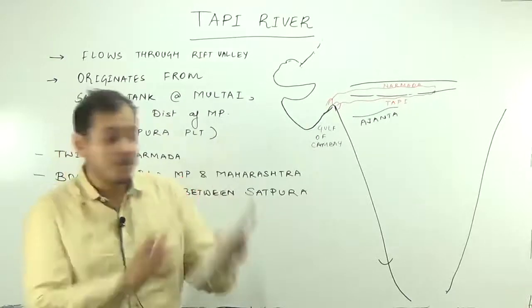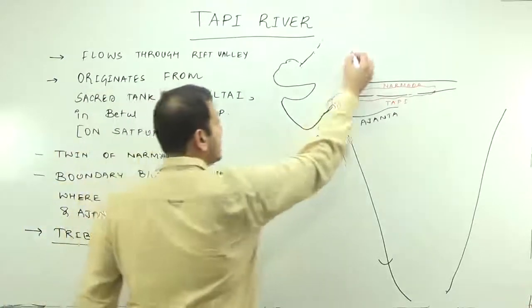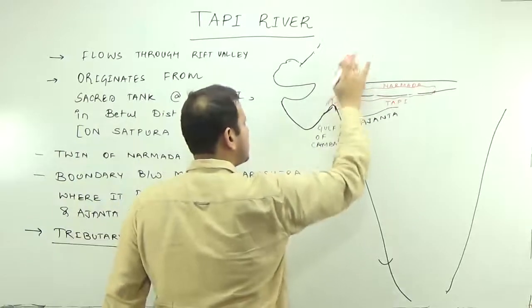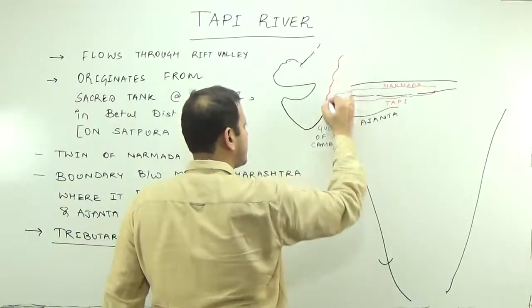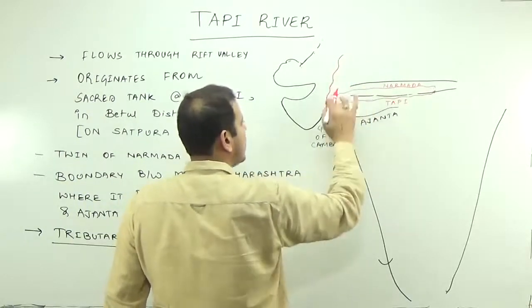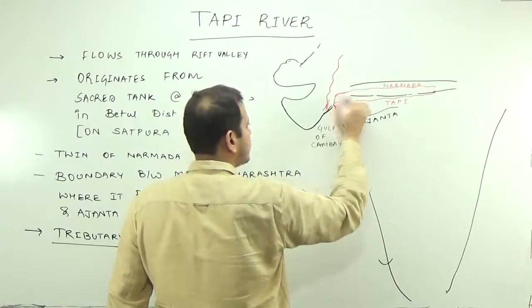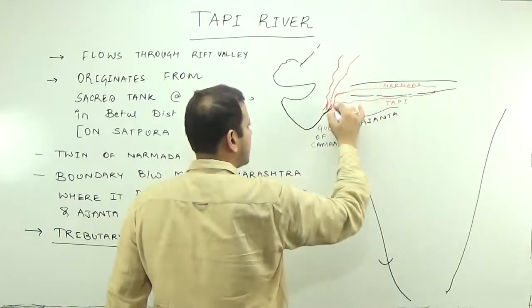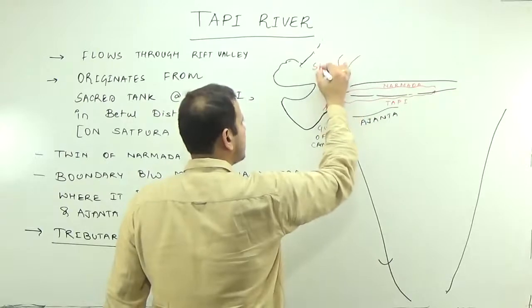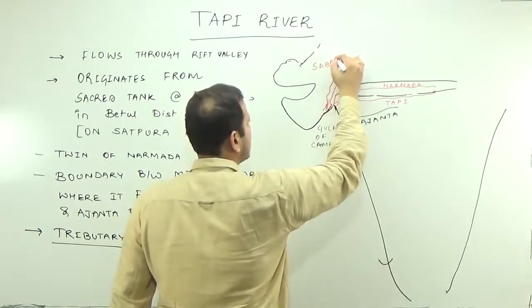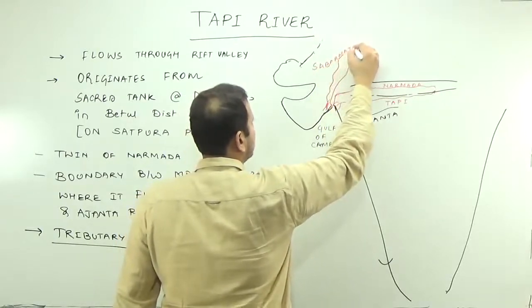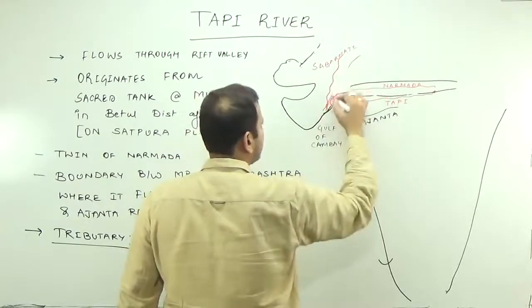One is river Sabarmati, to the north, which originates from the Aravalli ranges. And there is a small river known as river Mahi.